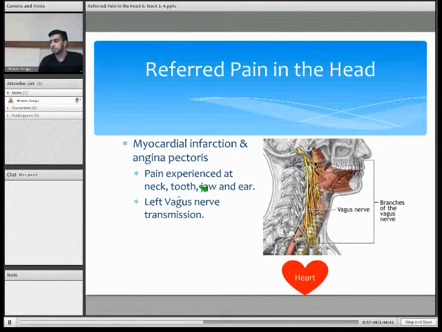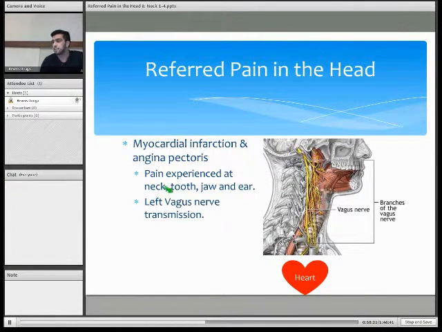With regards to the ear, that's quite easily explained, as the vagus nerve carries visceral afferent fibres through the chest and the abdomen, which includes the heart, but it also supplies sensation to the external auditory meatus, so the pain can be referred from here up towards the ear, as you can see on the diagram. But it's not just the heart that can give you pain by the same mechanism up to the ear. Things like esophagitis and bronchial carcinoma can give you the same pain.